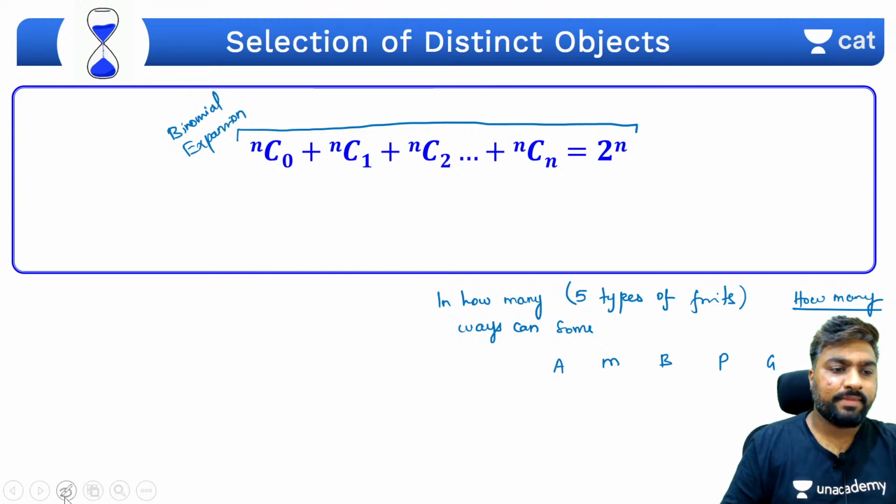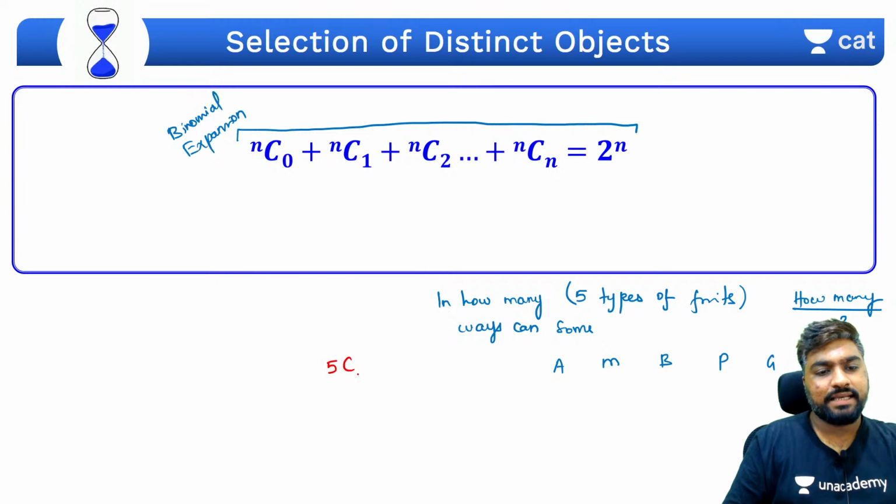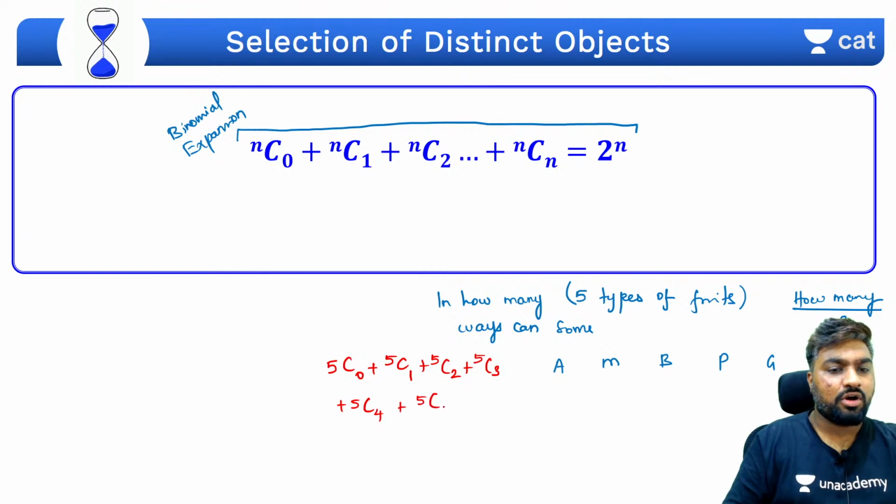So what does this mean? This basically means that out of 5 fruits, I can select none of them. Out of 5 fruits, I can select 1 of them. I can select 2 of them. I can select 3 of them. I can select 4 of them. I can select all 5 of them.